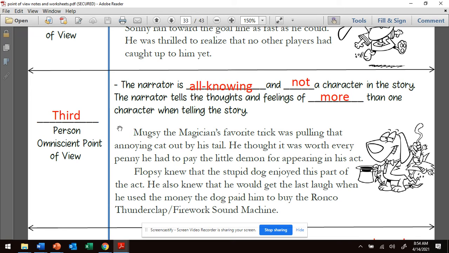Flopsy knew that the stupid dog enjoyed this part of the act. He also knew that he would get the last laugh when he used the money the dog paid him to buy the Ronco Thunderclap fireworks sound machine. So we know how Muggsy feels and Flopsy. Again, third person omniscient.